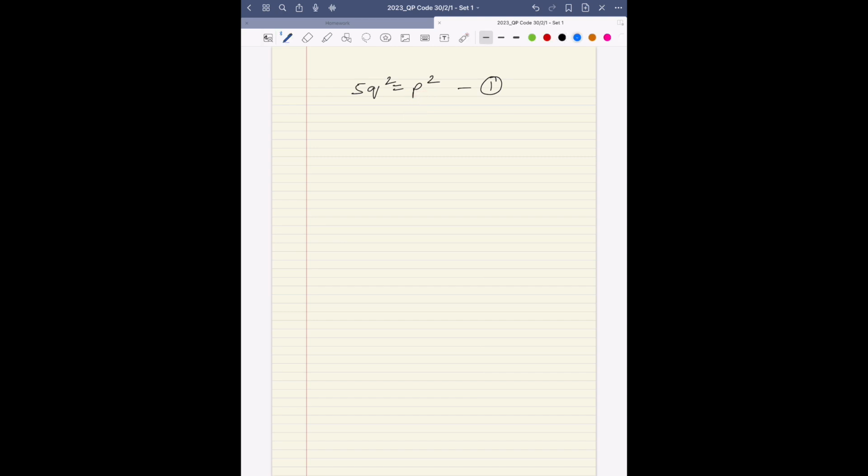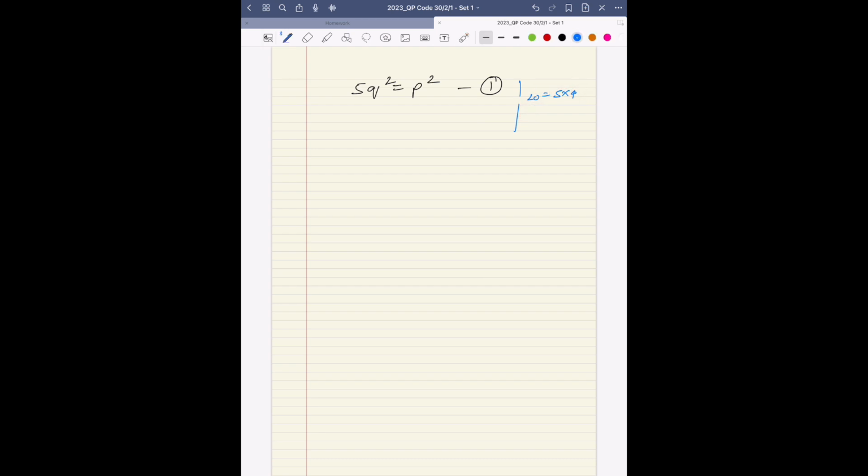For example, if I write P is equal to 5 into 4, or in short 20, right? 20 is equal to 5 into 4. It simply means that 4 divides 20 as a whole, you get 5, right?